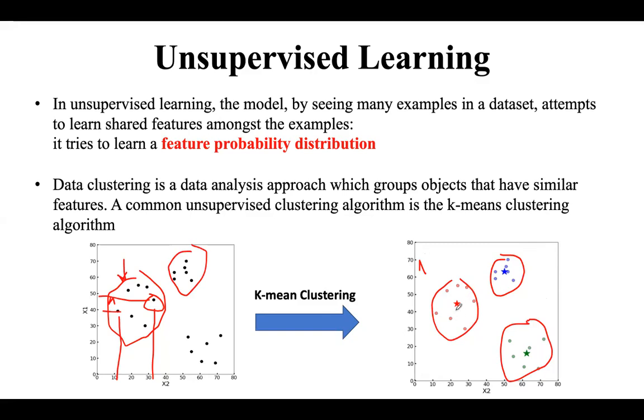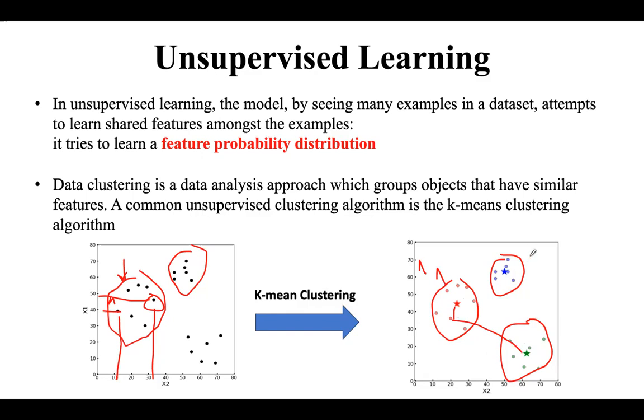For example, the common feature in the first group is that the distance between these red points and the star, which is the center of the cluster, is much closer than this other distance. So this is why we call it the first group or first cluster.